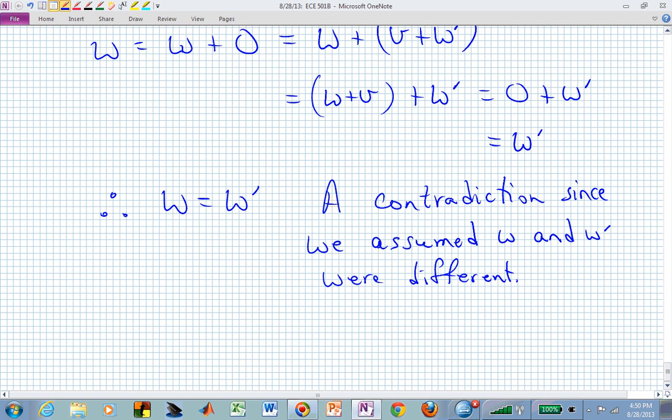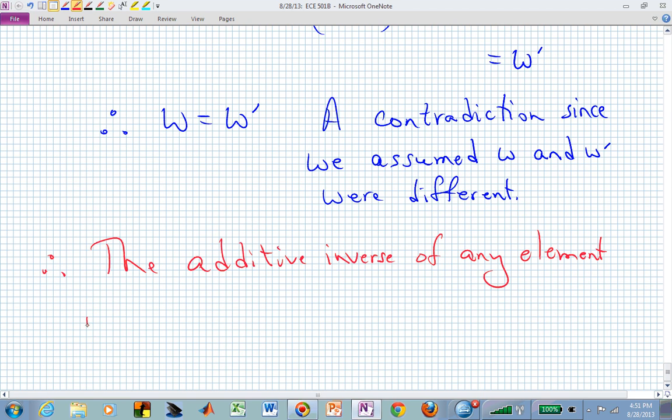So they're not different. And that says then, therefore, the additive inverse of any element, and we'll say that's v, an element of V, is unique.